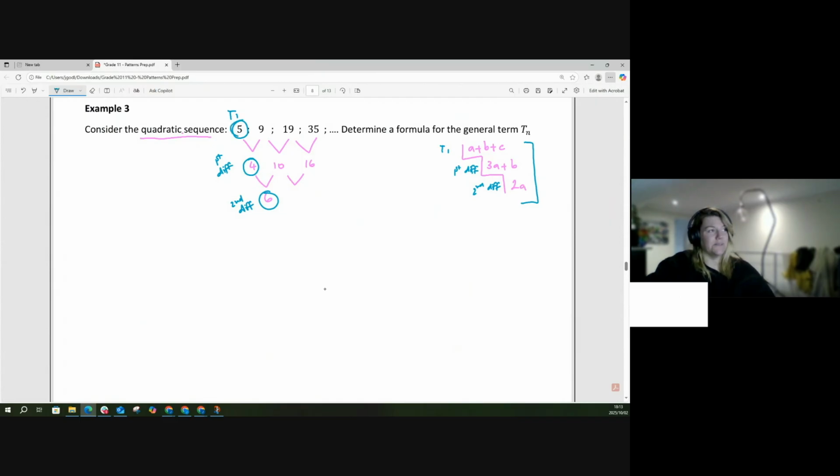Your first term is 5. So where you've written this line over here, this is always going to be equal to whatever the first term of your sequence is. So my first term is 5, which means it's going to be A plus B plus C is equal to 5. And yours is equal to 0.